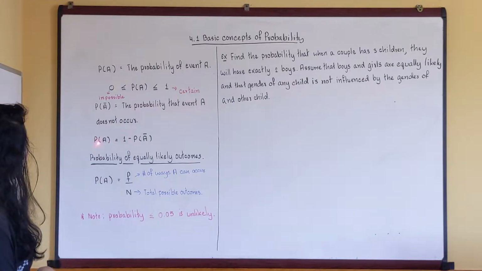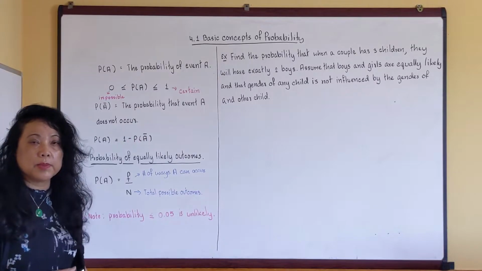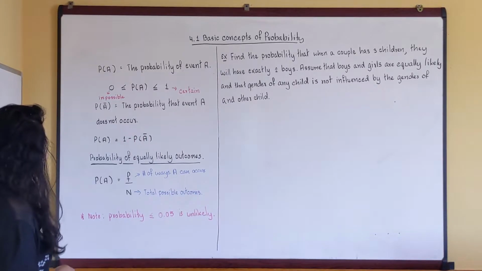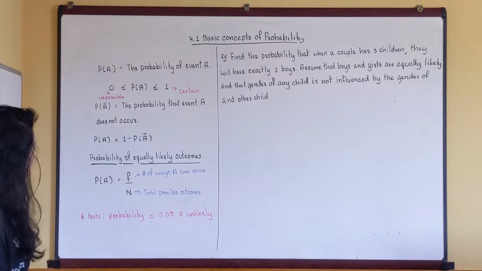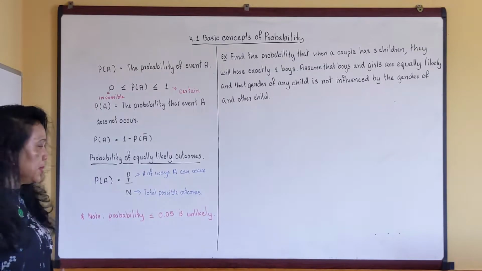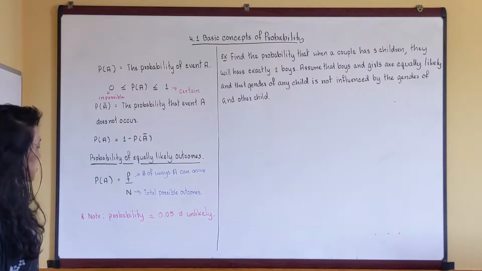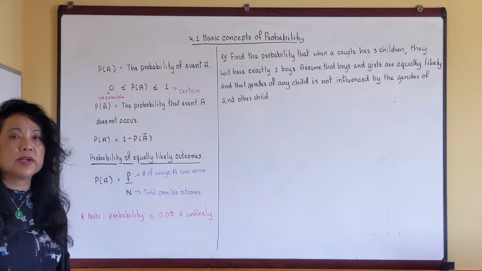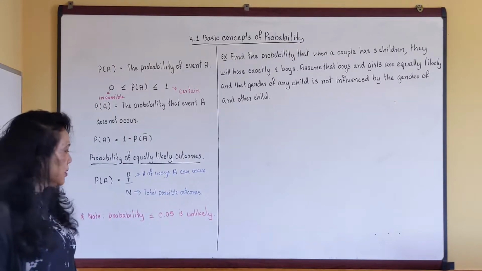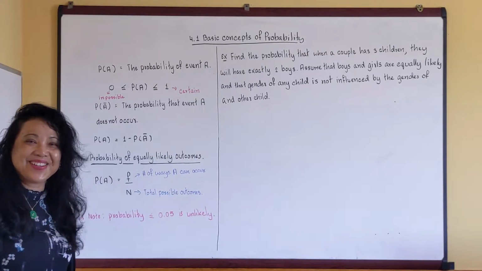So the probability of A is going to equal 1 minus the probability of not A, right? And I put a little note here. If you get any probability of 5% or less, it means it's unlikely to happen. So when they say the chance of raining tomorrow is 5%, it means most likely it's not going to happen.